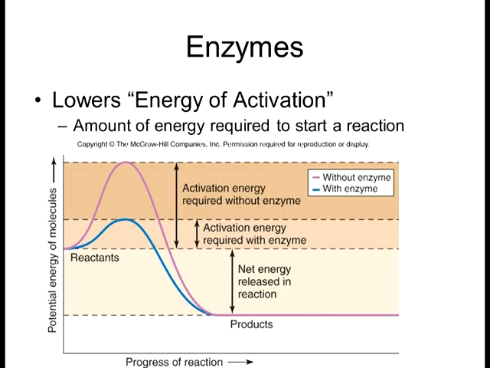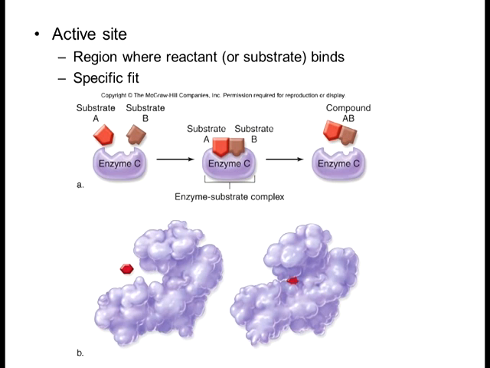bonds and whatnot. So that's where enzymes come in, because at normal biological temperatures, the amount of energy required to spontaneously break covalent bonds is not sufficient. As such, enzymes are proteins that have a particular tertiary structure that lower the amount of energy required to break the covalent bond.